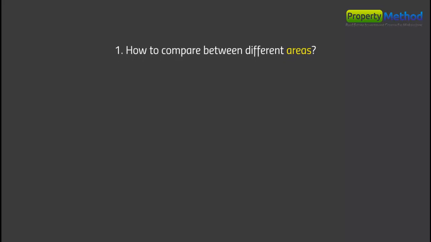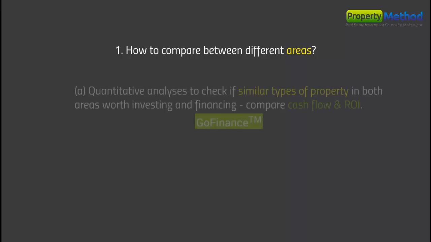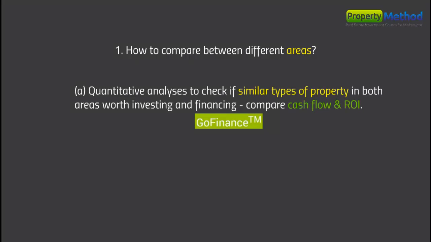So now let's try to use all the analytical tools, all the types of analysis that we discussed earlier to answer the questions one by one. Number 1, how to compare between different areas. Actually, to answer this question is quite straightforward. Normally we will apply quantitative analysis to check if similar types of property in both areas are worth investing and financing first, using our Go Finance tool.